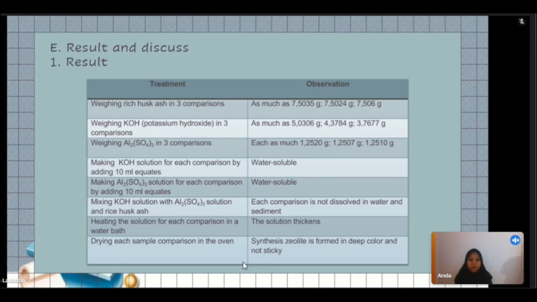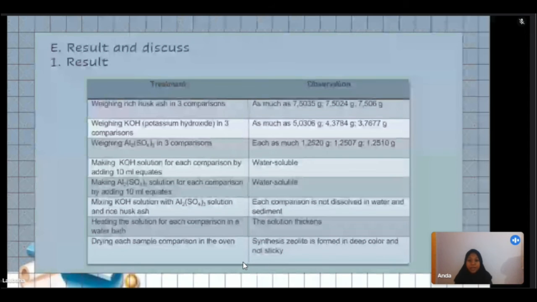Weighing Al2SO4 in 3 compressions is as much as 1.2520 gram, or 1.2507 gram, or 1.2510 gram.